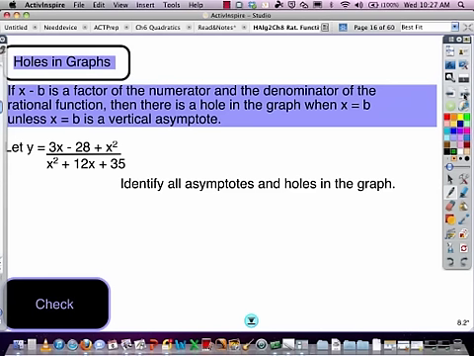Then there won't be that hole. So it first says identify all asymptotes and holes in the graphs. So going back to our process, let's do our vertical asymptote, horizontal asymptote, and then holes.